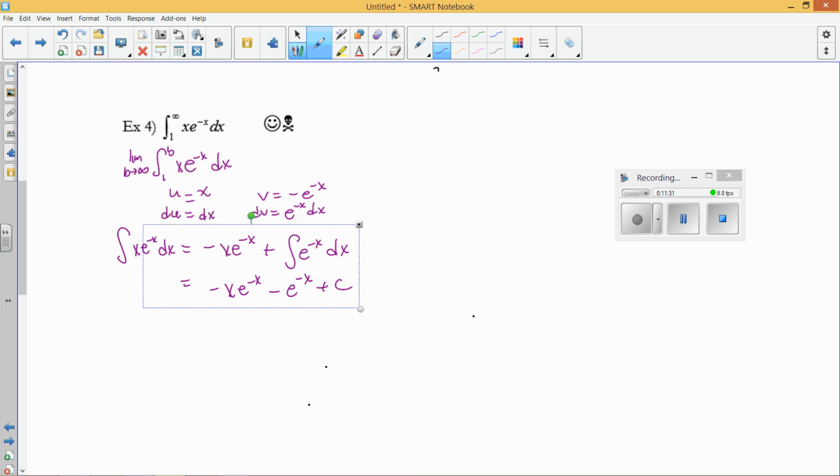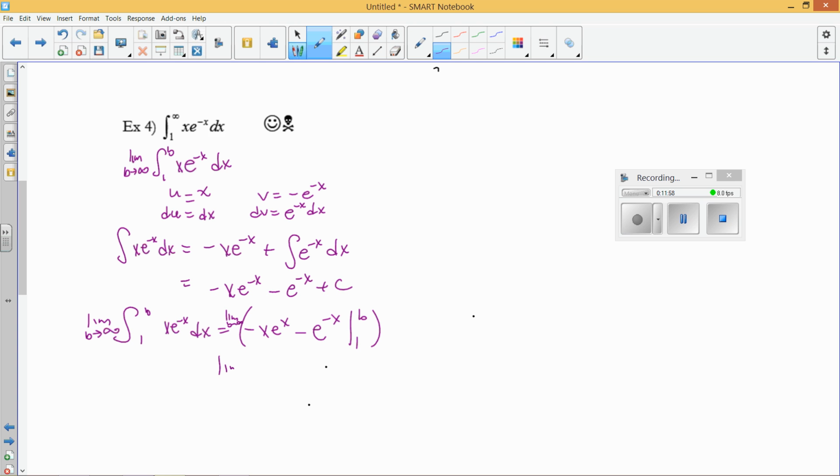Well, I wasn't trying to evaluate an indefinite integral. I was trying to evaluate a definite integral. So the integral from 1 to b of x e to the negative x is going to be this antiderivative here evaluated from 1 to b as b approaches infinity.